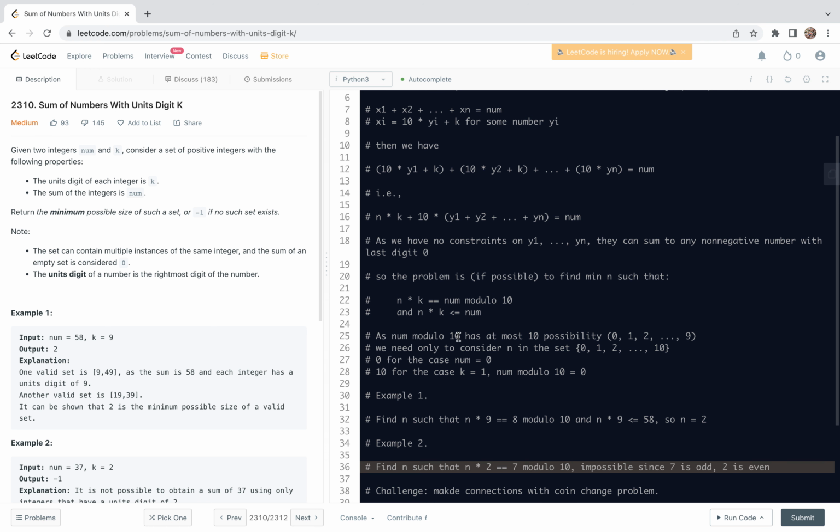A number modulo 10 has at most 10 possibilities, from 0 to 9. So we need only consider n in the set from 0 to 10.